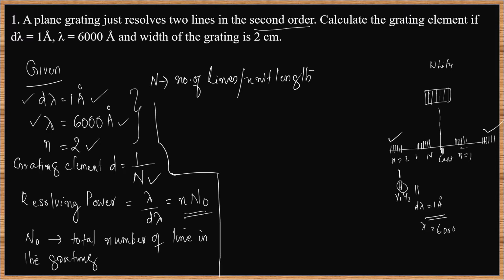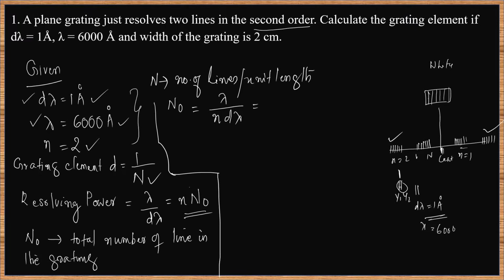Okay, so here n0 is equal to, from this equation, lambda by n d lambda. So what will be the value?